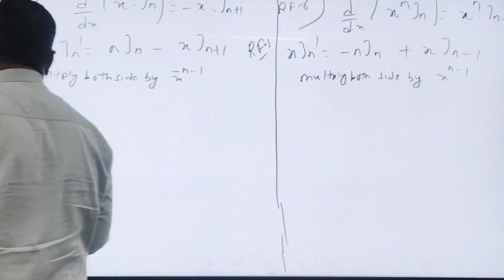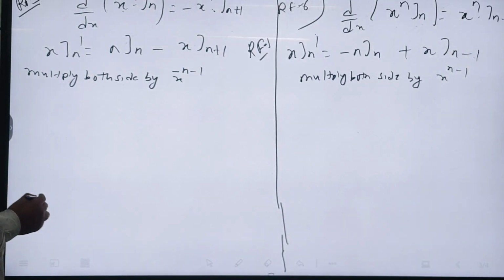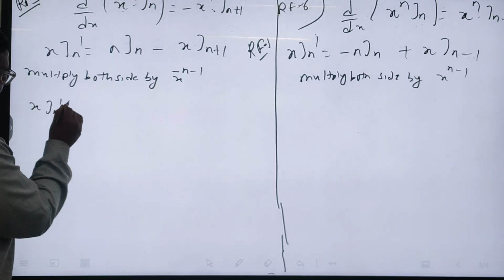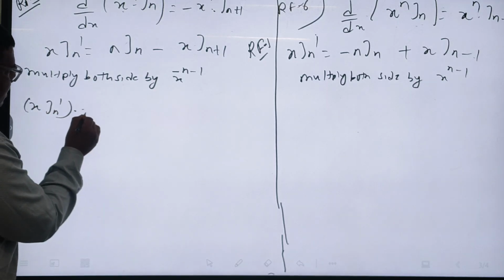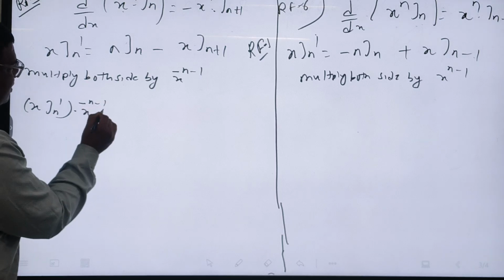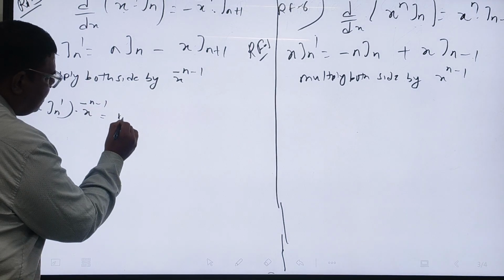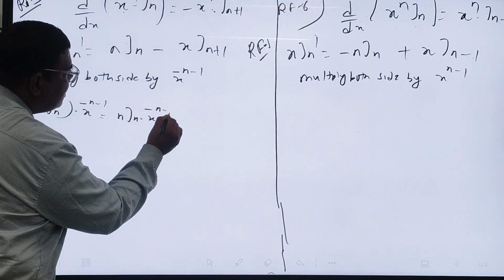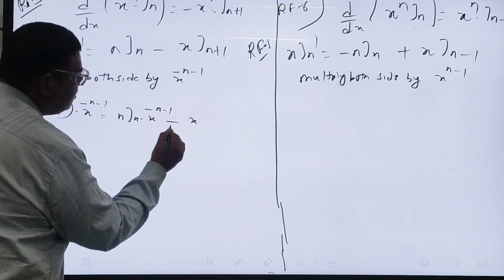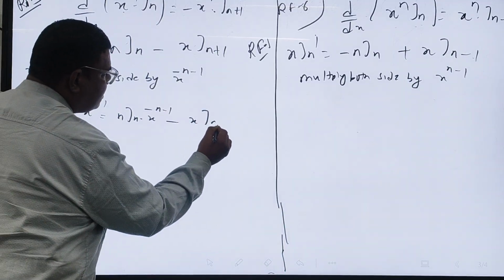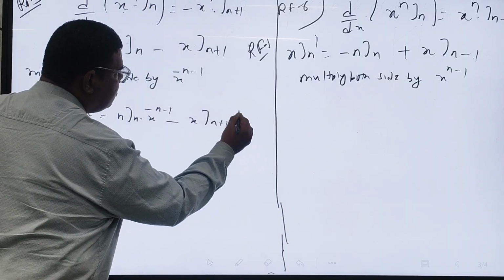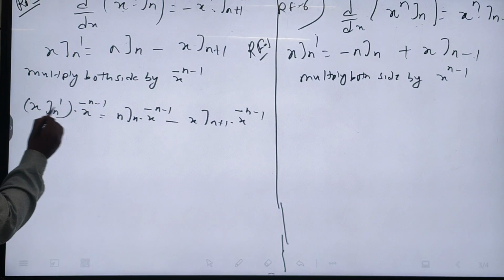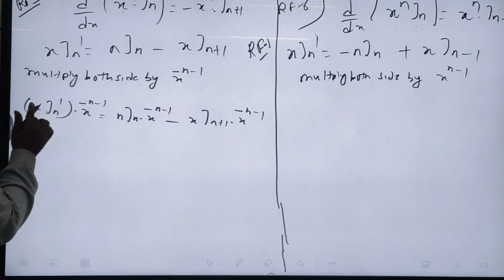So if I multiply both sides by x^(-n-1), what will I get? xJn' multiplied with x^(-n-1) equals nJn multiplied by x^(-n-1) minus xJn+1 multiplied with x^(-n-1). When the base is the same, the powers are added.